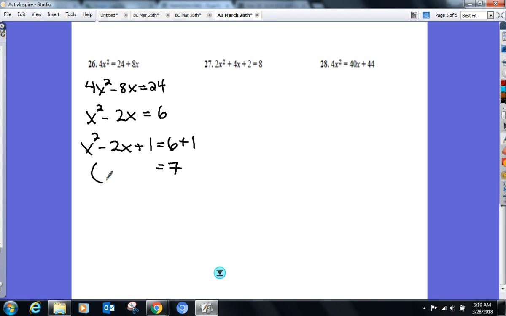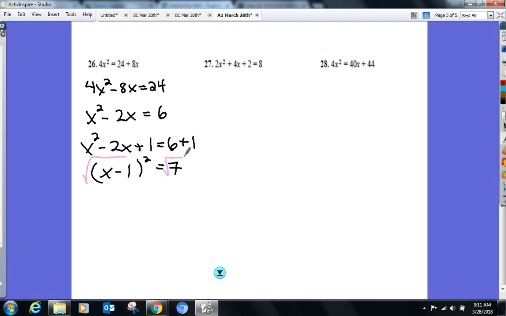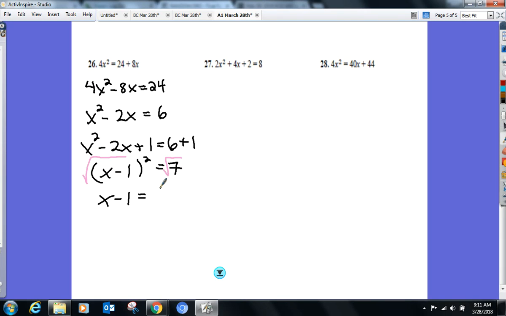If you don't understand what this shortcut is, what was half your b value? So x minus 1. Again, if you don't know where that's coming from, factor the darn thing. You'll see it clearly. Take the square root of both sides. We have what now? x minus 1 equals plus or minus the square root of 7.